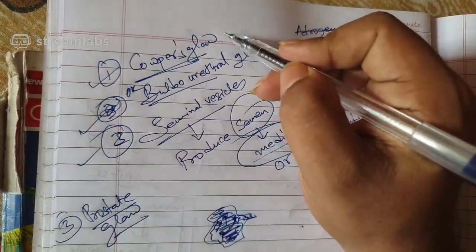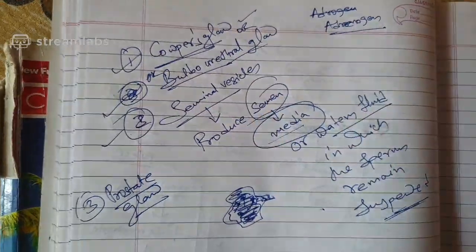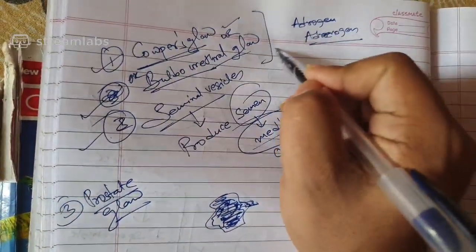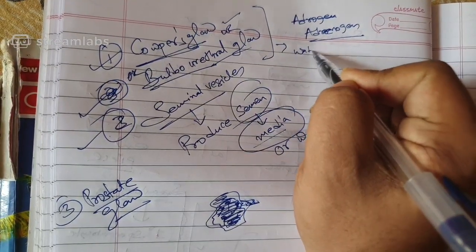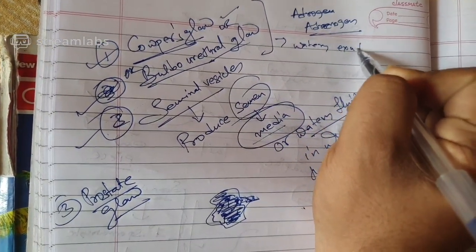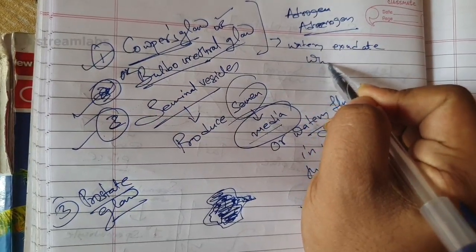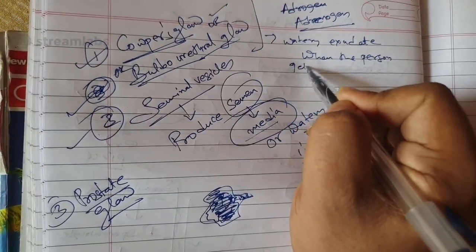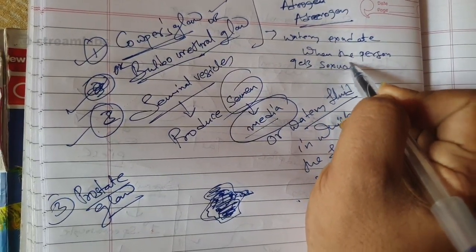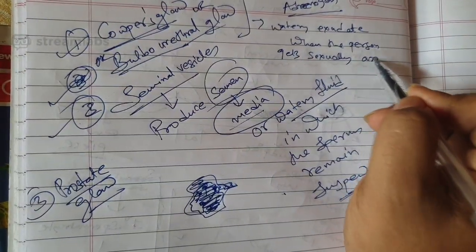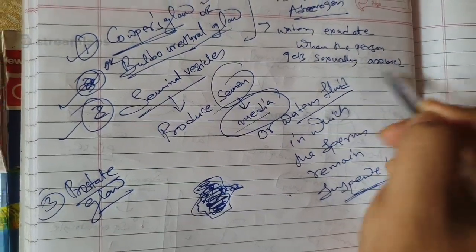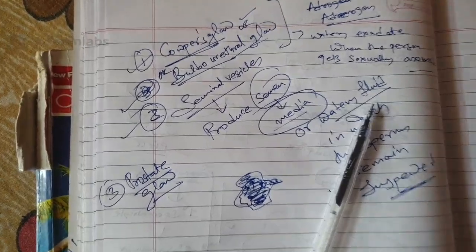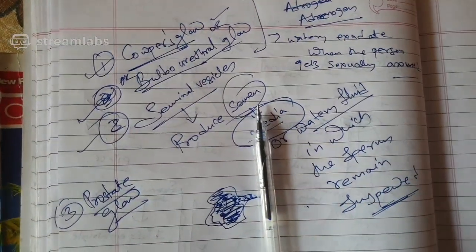Now, what does the Cowper's gland or the bulbourethral gland produce? It produces a watery exudate when the person gets sexually aroused. Suppose a person is getting sexually aroused by seeing something or having some sexual interaction like kissing.